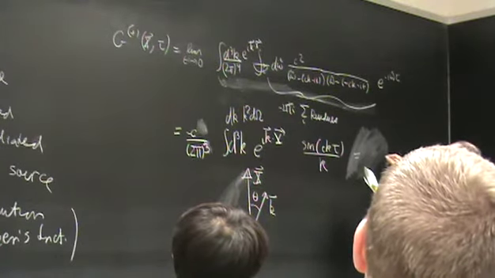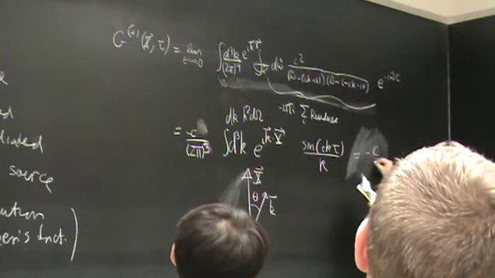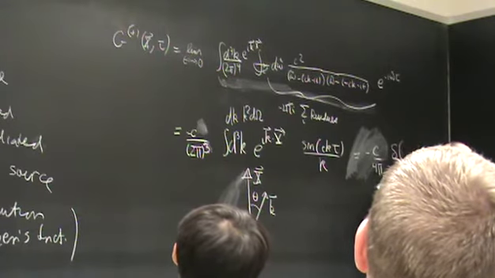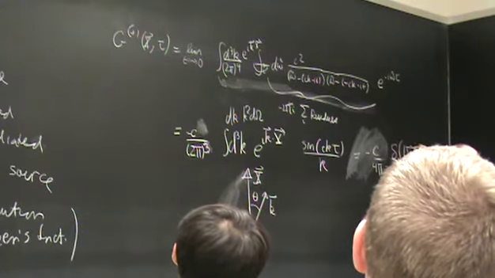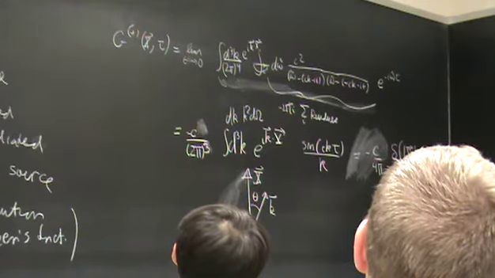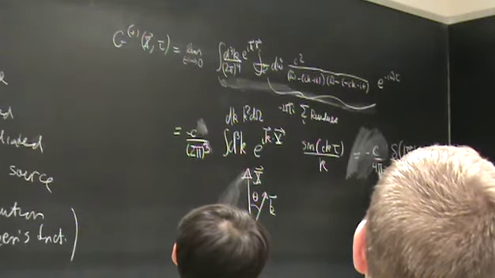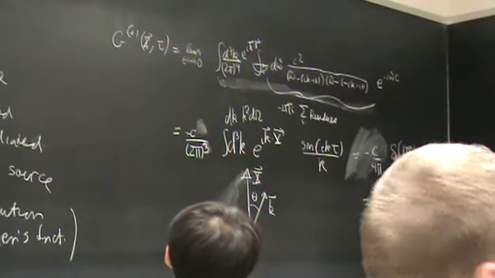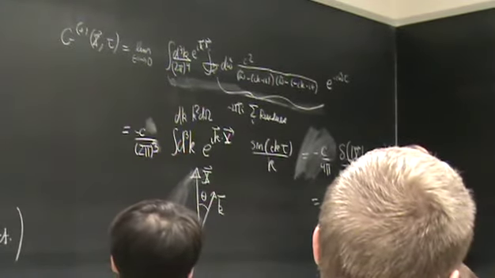And what we get is the causal solution is c over 4 pi delta function of magnitude of x minus c tau divided by the magnitude of x. And this is my retarded Green's function.